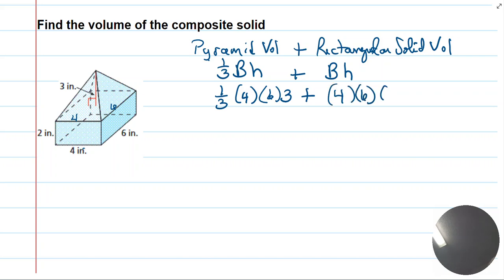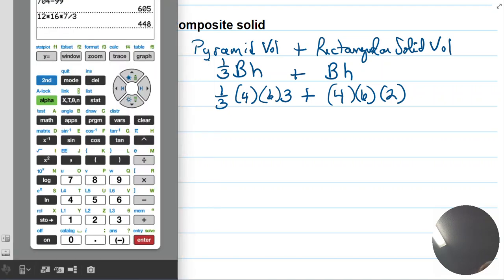Now we're going to do our calculator, and we're going to do the 1 divided by 3 times 4 times 6 times 3. 4 times 6 times 2 is 48. And this guy's measurements are in inches cubed. Is everybody okay with that? Is everybody good?